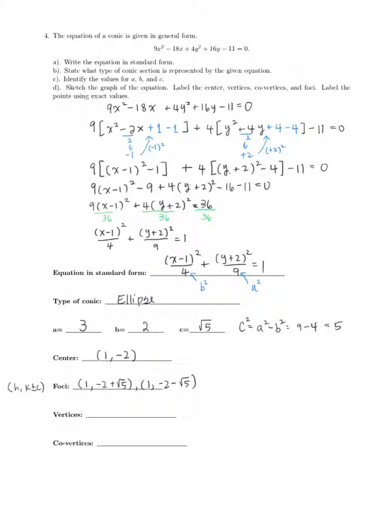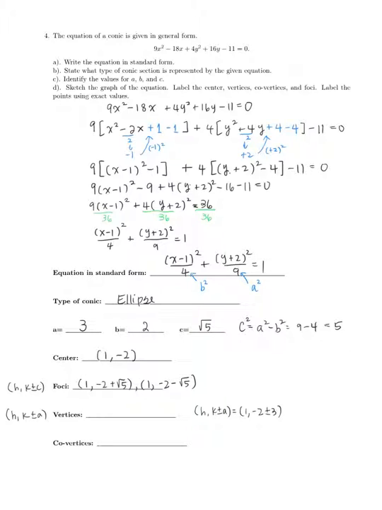Now let's go with the vertices. The formula for the vertices, if you look at the formula sheet, I believe it's (h, k plus or minus a). This is (1, negative 2 plus or minus 3).